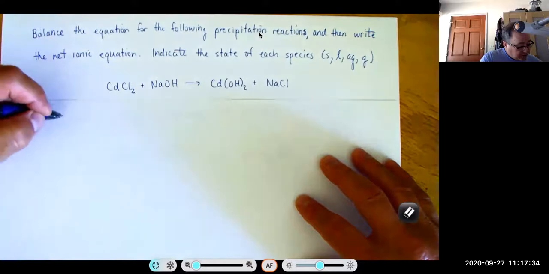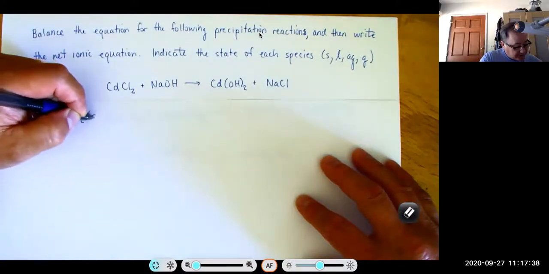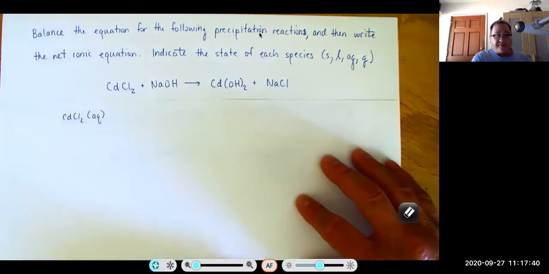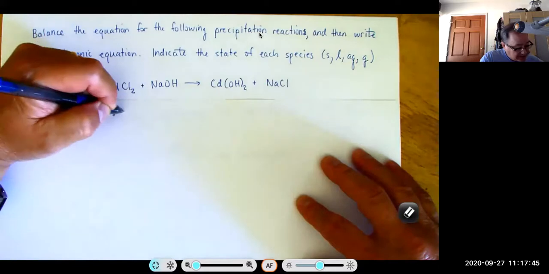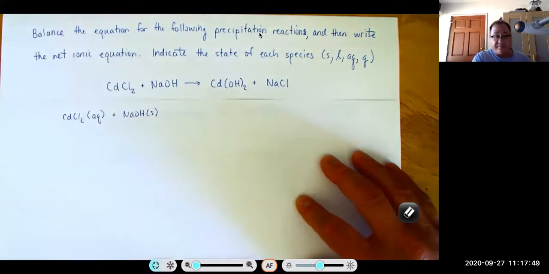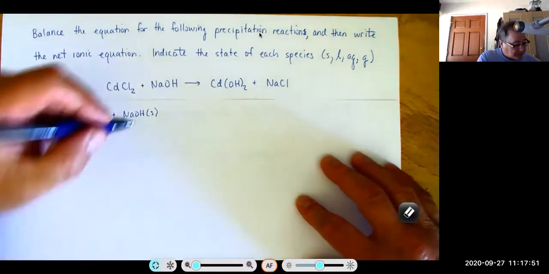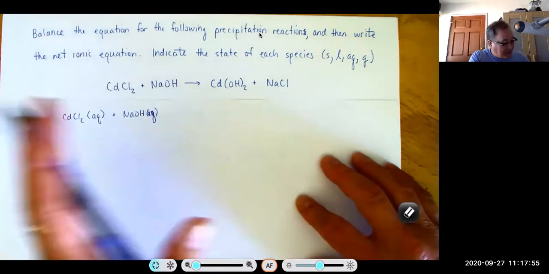So with CdCl2, this is soluble because it's got chlorine. For the NaOH, it's soluble because of the sodium. Oh, I'm not supposed to put S for soluble, I'm supposed to put aqueous.